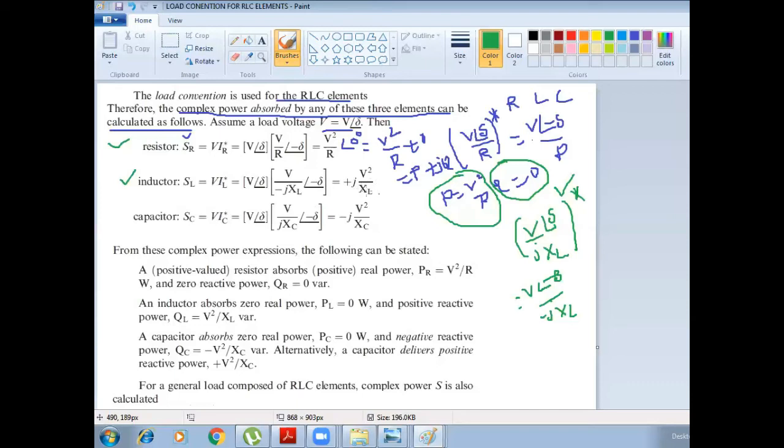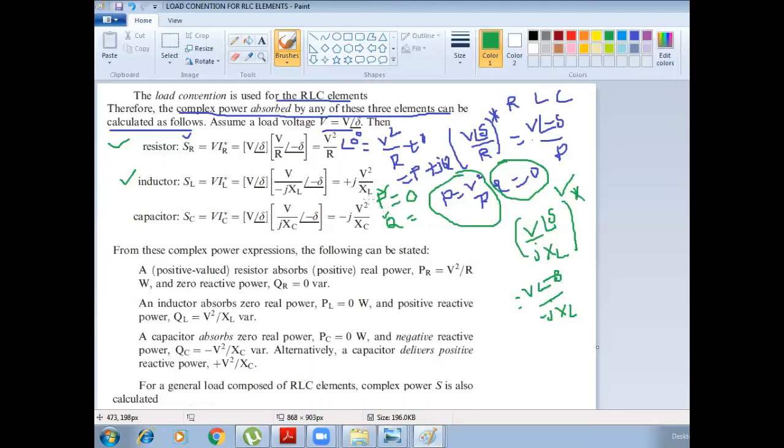In complex form this is P plus jQ. Here the real power absorbed by the inductor is 0, because you have only a reactive component and no real component in this complex power. So we can say that an inductor absorbs zero real power and absorbs positive reactive power, plus j V square by XL.